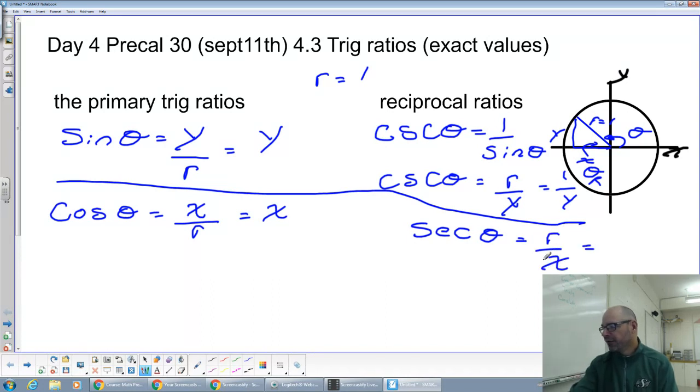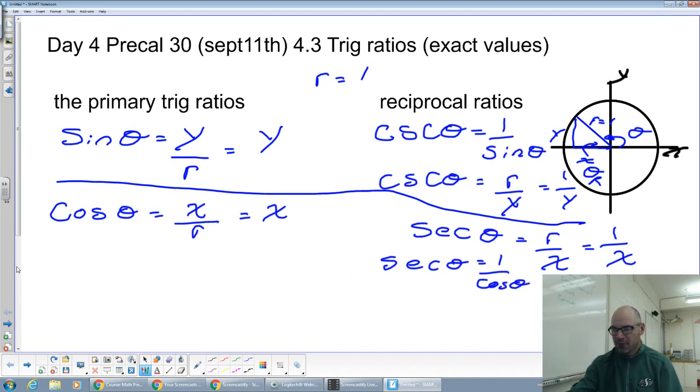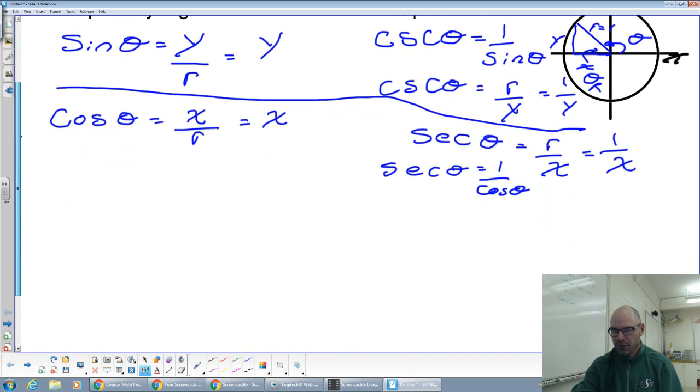So 1 over x in terms of the unit circle. Okay, and I'm going to write in my picture there, so I'll move over a little bit. So secant, we know also is 1 over cosine. It's another way to write it. Okay, and then our last two are the tan and cotan.